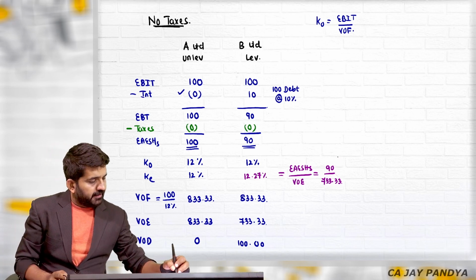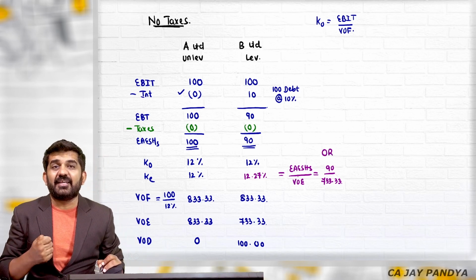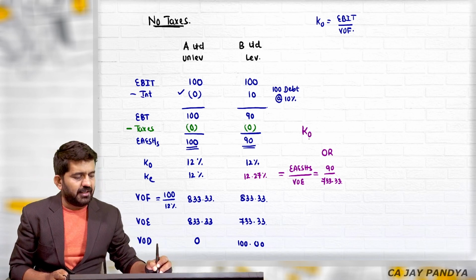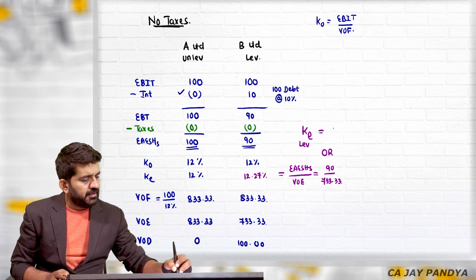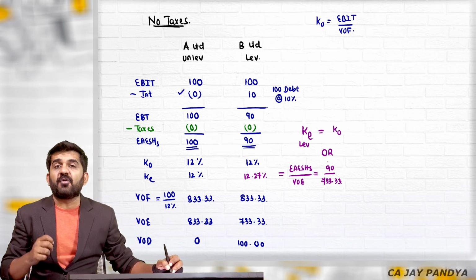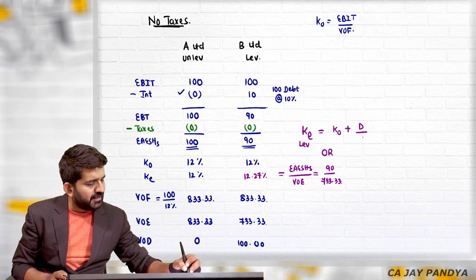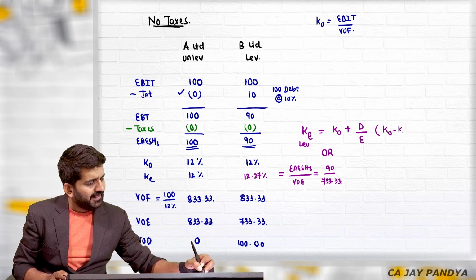Sir, can I find out the same answer by the KE formula given by Modigliani Miller? The answer is yes. KE of a levered firm is equal to KO of unlevered firm or KE of unlevered firm plus debt upon equity into KO minus KD.